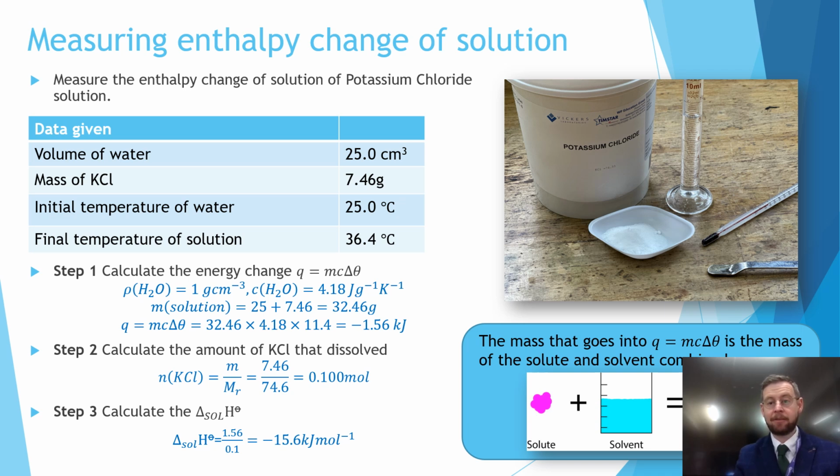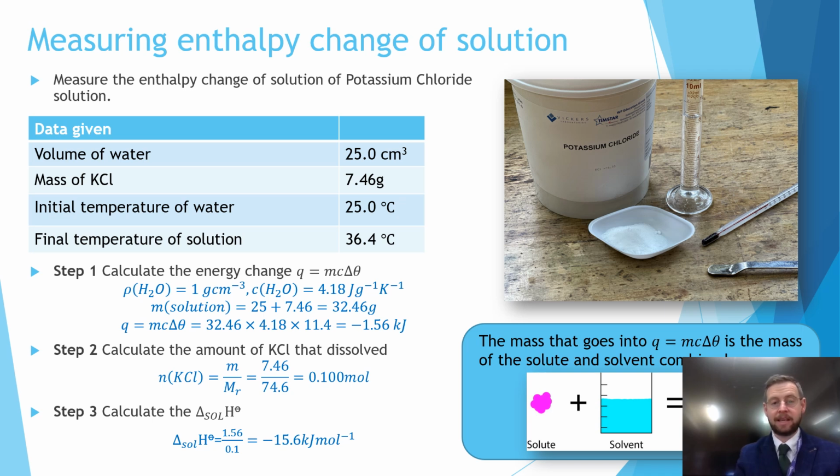We need to know how many moles of potassium chloride went into this. So the second stage is to work out how many moles. And we do that by taking the sample mass of 7.46 grams and dividing it by the molar mass of potassium chloride, 74.6. It means in our sample we have 0.1 moles of potassium chloride.